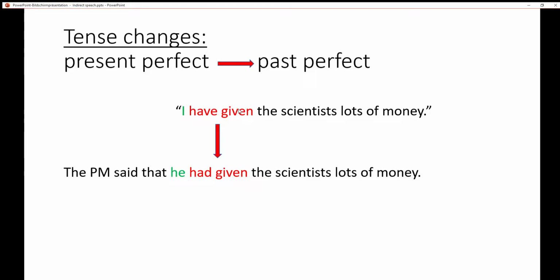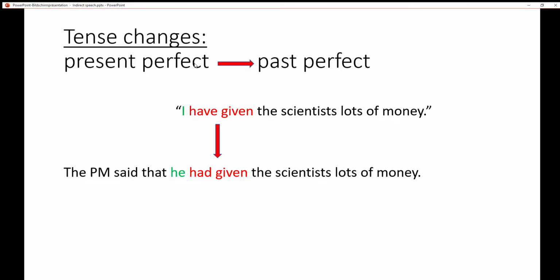This is the past participle, and we have a simple present form of have. So it's either have, I have, he says here, given the scientist lots of money, or it can be has in other sentences. So I have given the scientist lots of money, present perfect, becomes in indirect speech, the PM said that he had given the scientist lots of money.